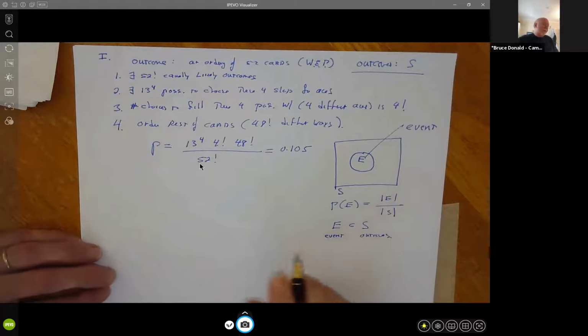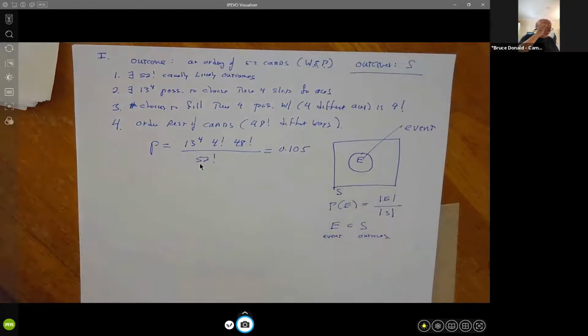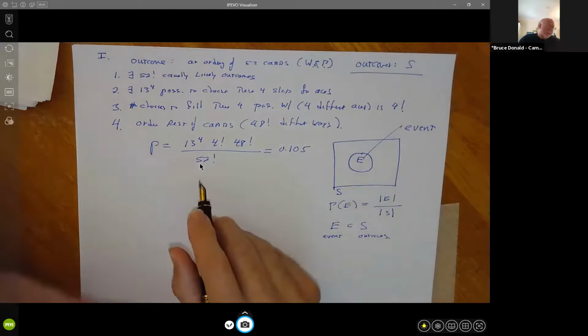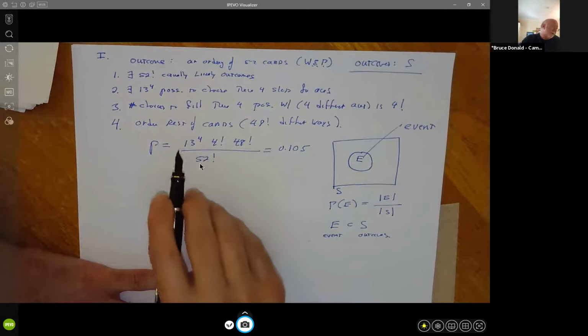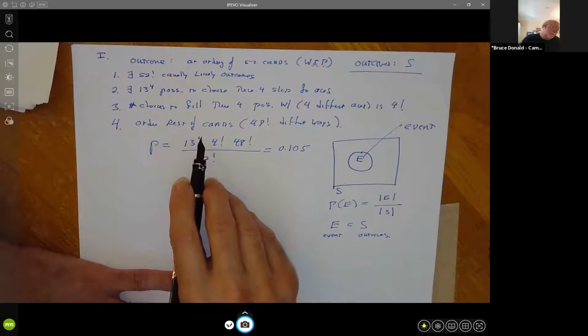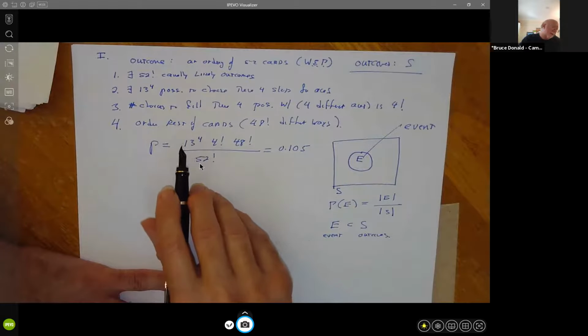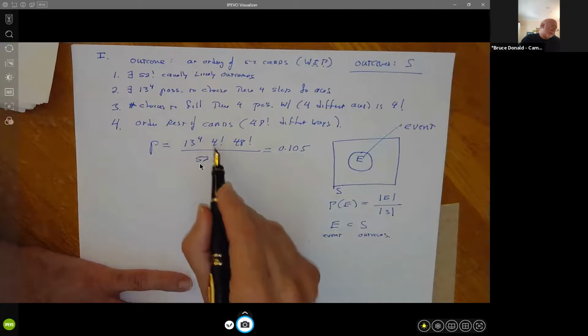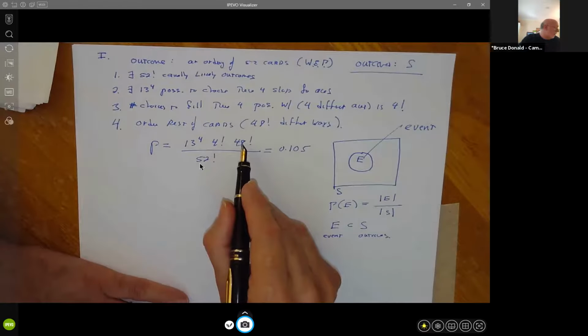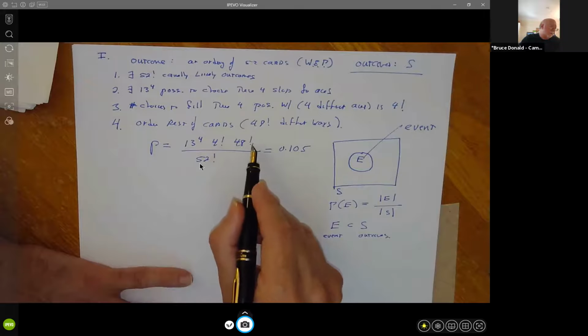So now our equation starts to make sense for our calculation. The number of all possible outcomes, as we already said, is 52 factorial. 13 to the 4, where does that come from? That's the number of possibilities to choose the 4 slots for the aces. 4 factorial is the number of ways to permute the aces to fit into those 4 slots. 48 factorial is the way that we order the rest of the cards, i.e. in 48 factorial different ways.